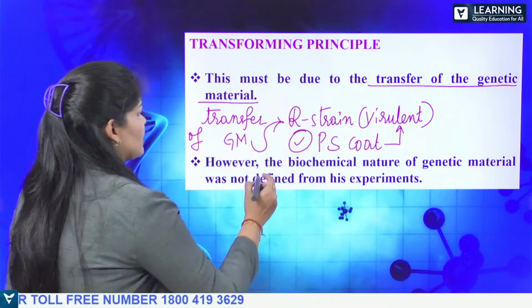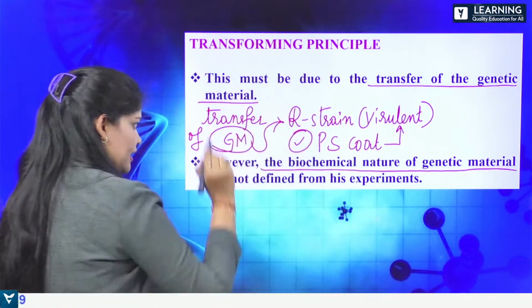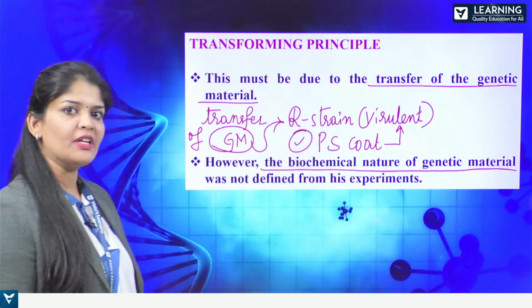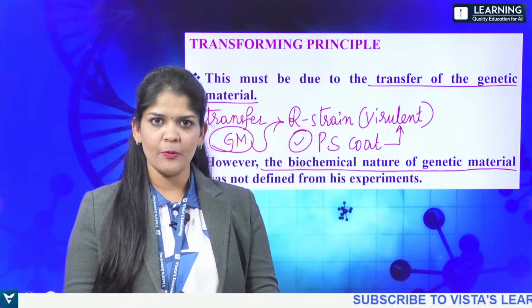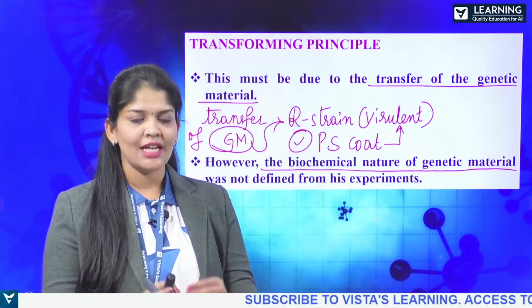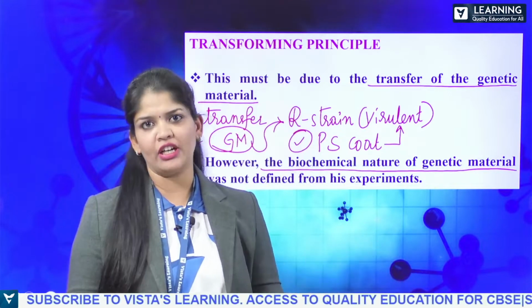Now, however, the biochemical nature of this genetic material, yes, correct, some transfer of the genetic material takes place. Because of that, the heat-killed S type is able to transfer its information to the R strain, converting the R strain into virulent form.